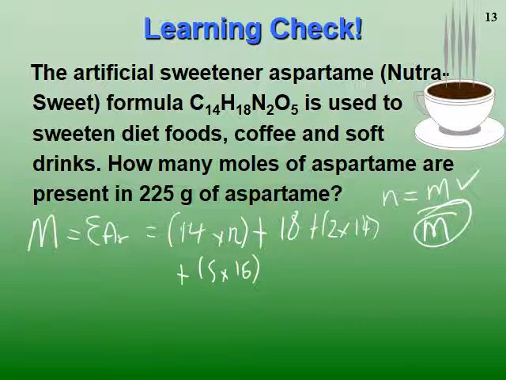Okay, so if we go through the numbers there, it's going to be 14 times 12, which is 168, plus 18, plus 28, plus 5 times 16, which gives us 80.